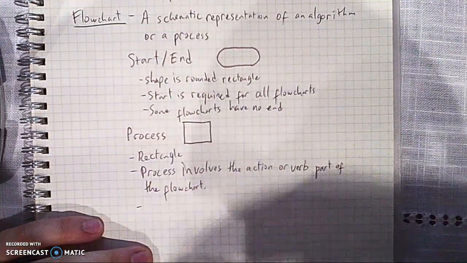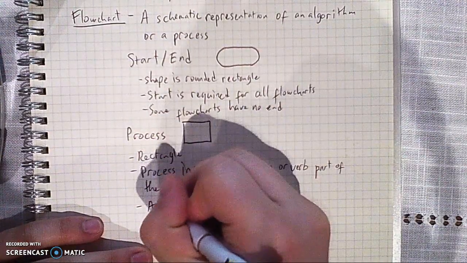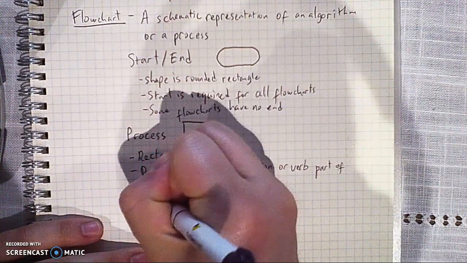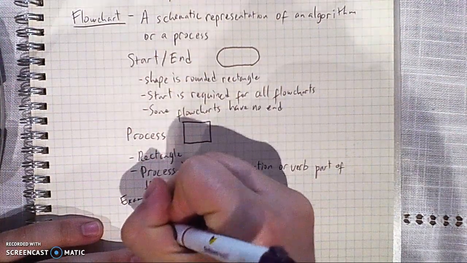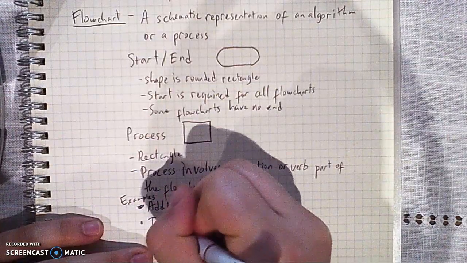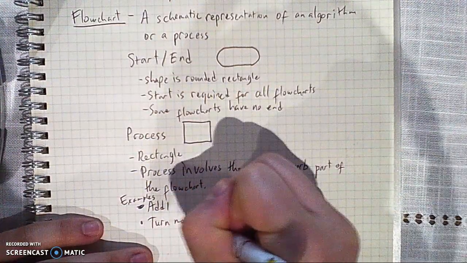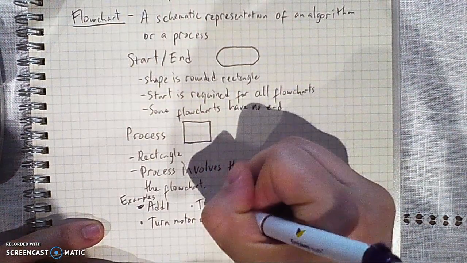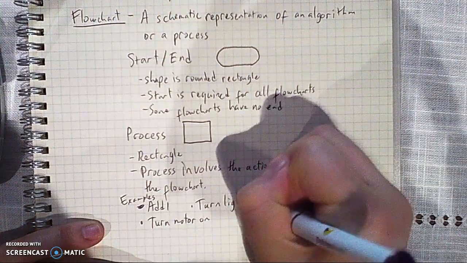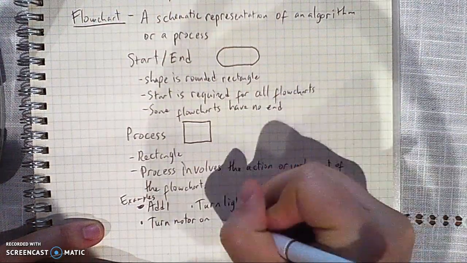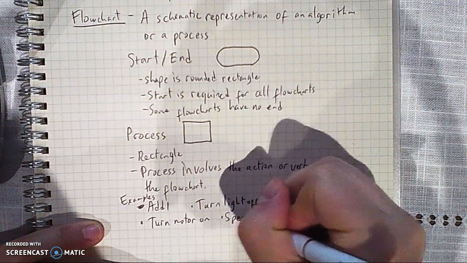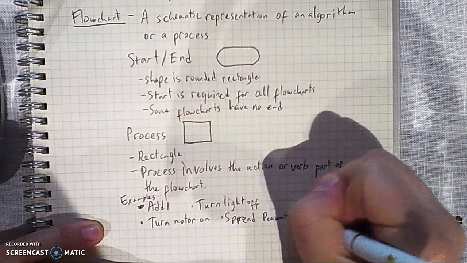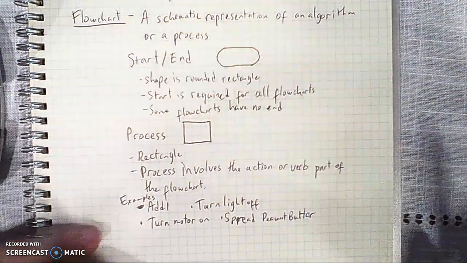Some examples outside of peanut butter and jelly sandwiches: add one, turn motor on, turn light off, spread peanut butter. Okay, that's process.